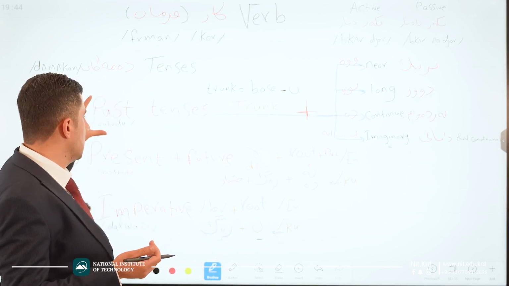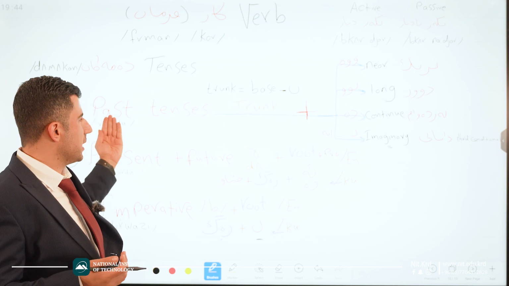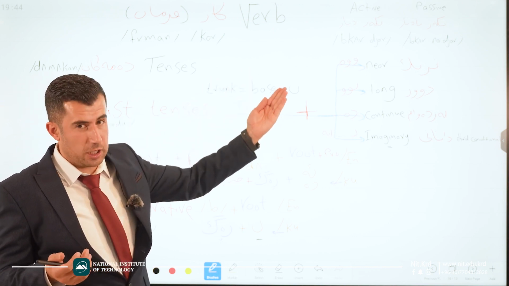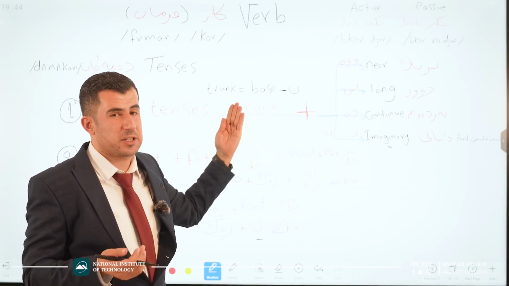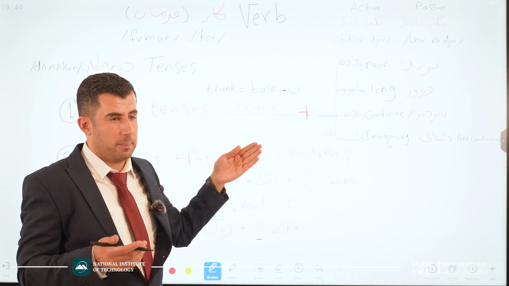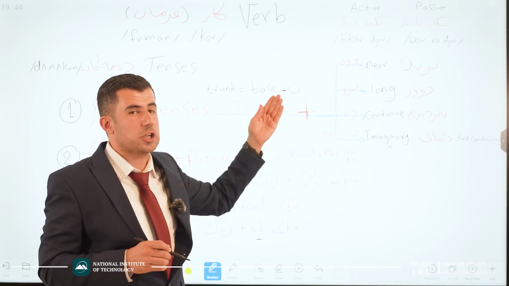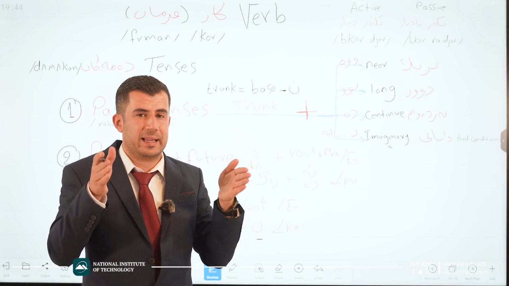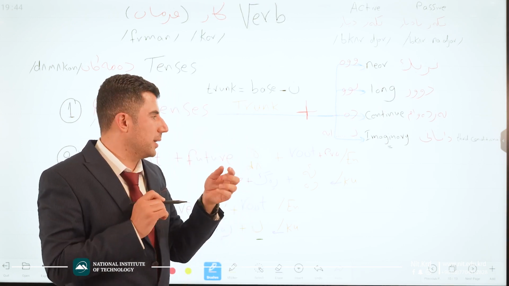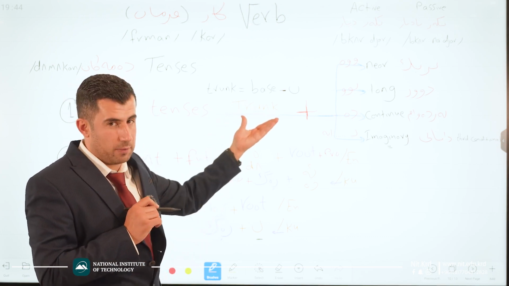Good. But how do we make this process? When we want to make past tense near, I mean past near, we have to bring the trunk of the verb by removing n from the Kurdish base. For example, when we have a base, we have to remove n at the end, and it becomes the trunk of the verb.